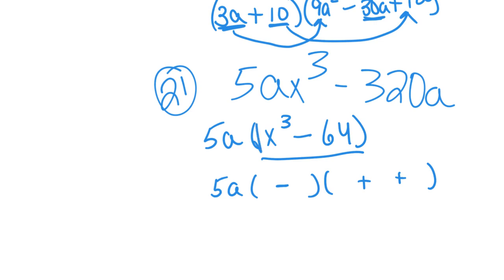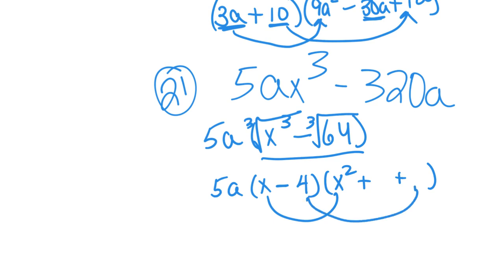So we're going to take the cube root, and we get an x in the front. We take it and we square it and put it there. We're going to take the cube root of 64, which is 4, and then it goes here, squared.